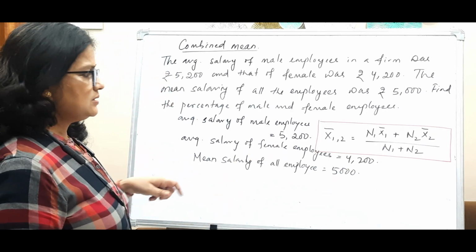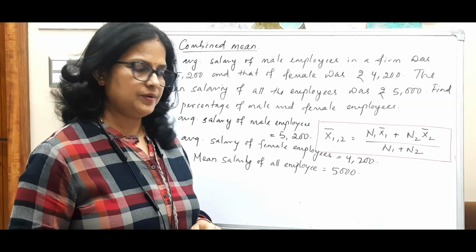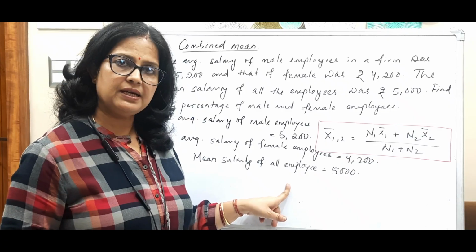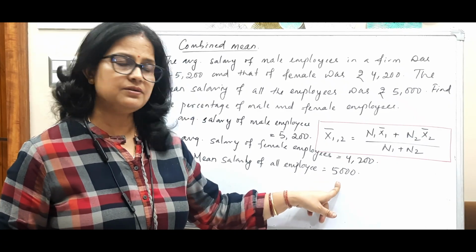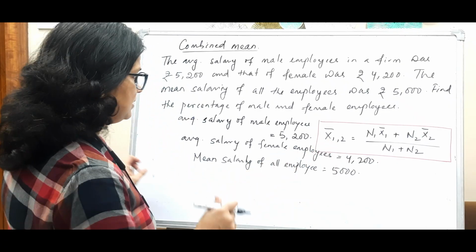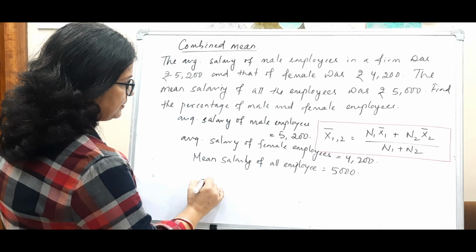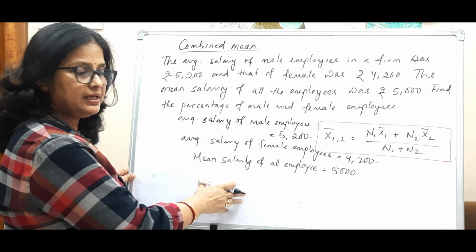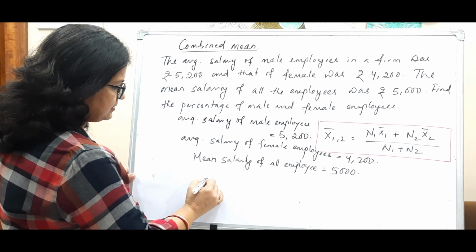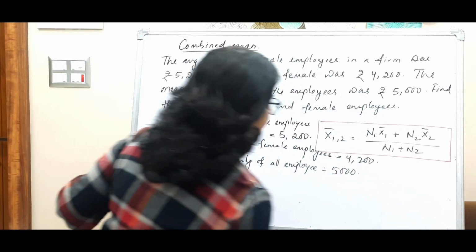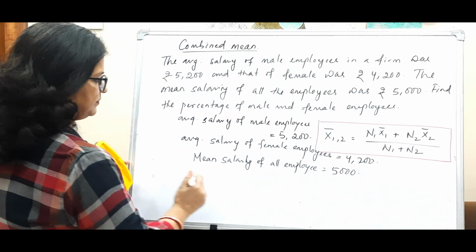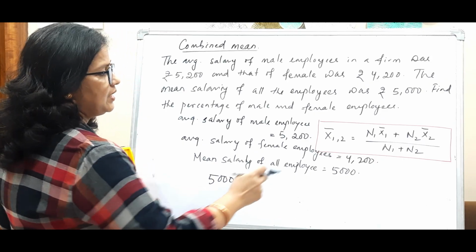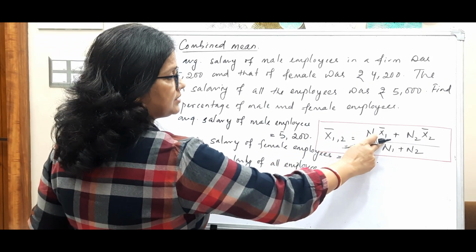Okay. So let us put all the things into the formula. Mean of male and female, दोनों का मिला के mean दिया है, that is 5,000. So you can write it here. x bar 1,2, the mean of both male and female, that is 5,000, equal to N1 into X1 bar.